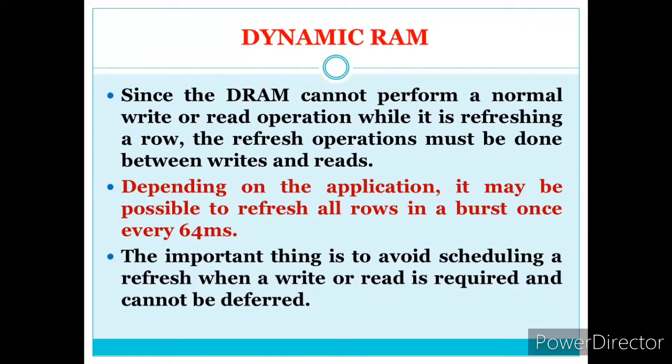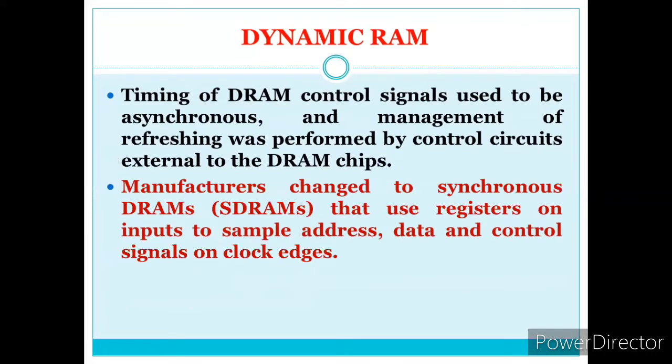So the important thing is to avoid scheduling a refresh when the write or read is required and cannot be deferred. So a better way is to avoid refreshing during the write and read operation. The timing of the DRAM control signal used to be asynchronous, and the management of refreshing was performed by a control circuit external to the DRAM.